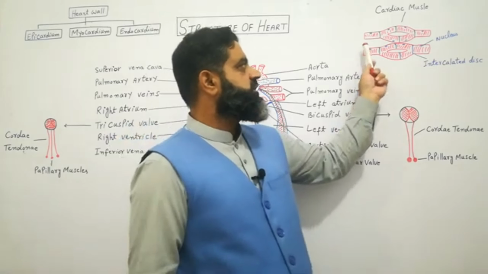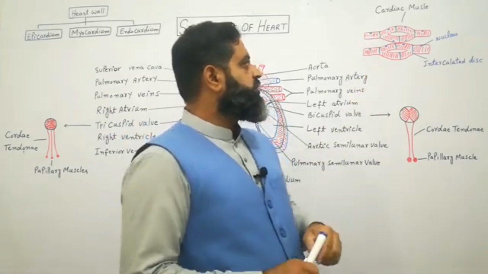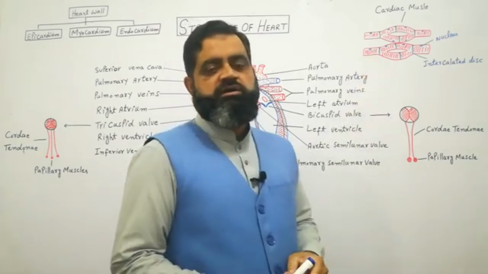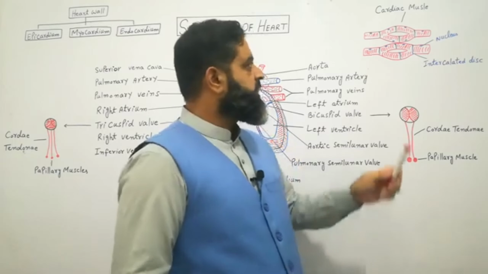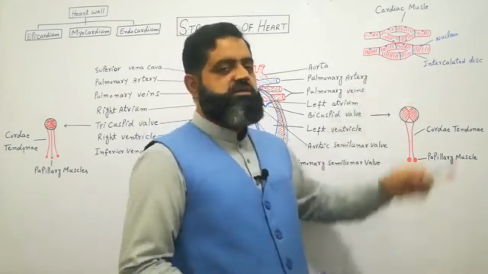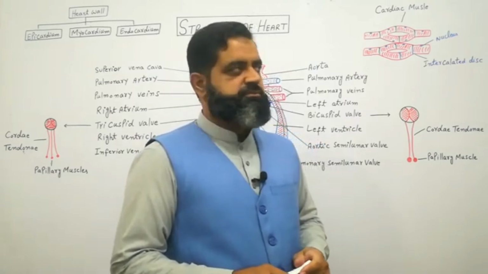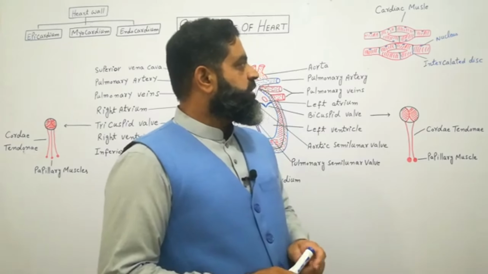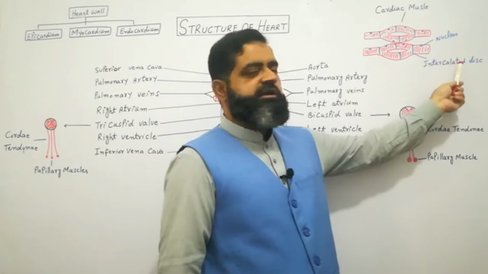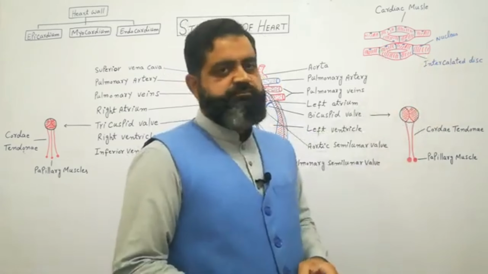Each cardiac muscle is branched and contains different cells, with each cell having a separate nucleus. Our cardiac muscles have striation, as you can see in this diagram, due to the presence of actin and myosin proteins. One more important component of the cardiac muscle is the intercalated disc. Intercalated disc separates two cardiac cells.